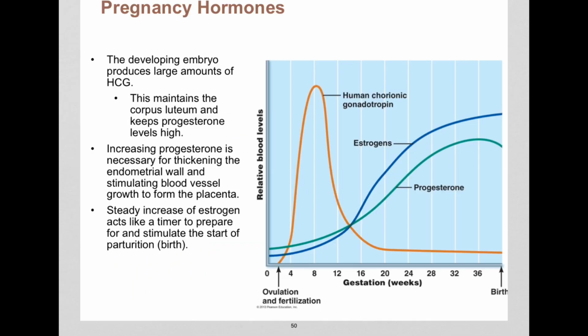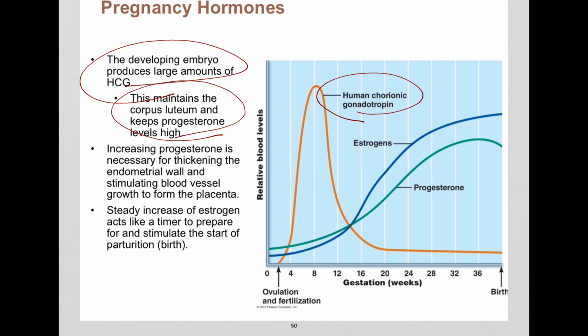That something is a hormone called HCG, human chorionic gonadotropin. And HCG is the perfect signal because it's produced by the embryo, not by the mother. As soon as fertilization occurs, the new embryo will produce HCG. HCG's target cells are in the corpus luteum.